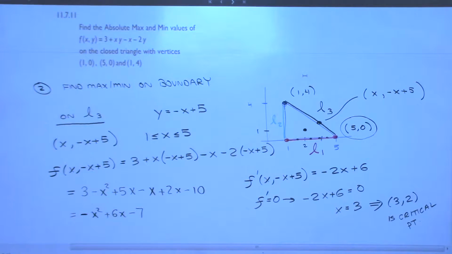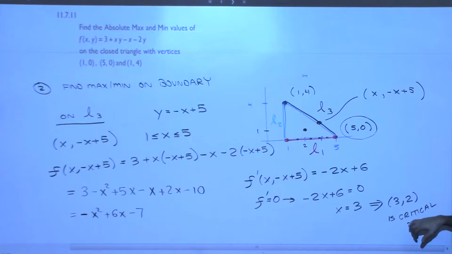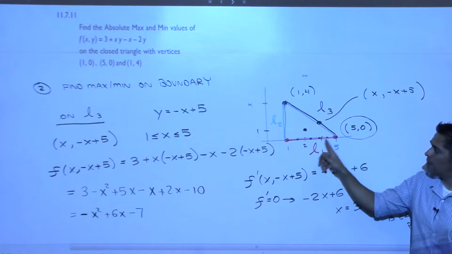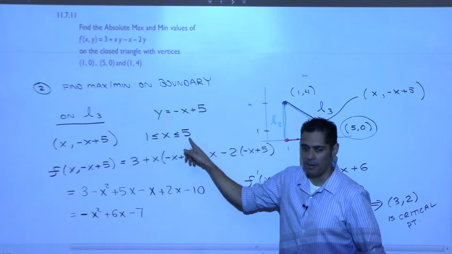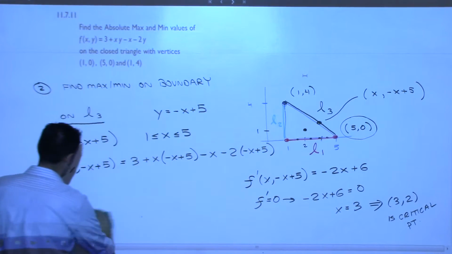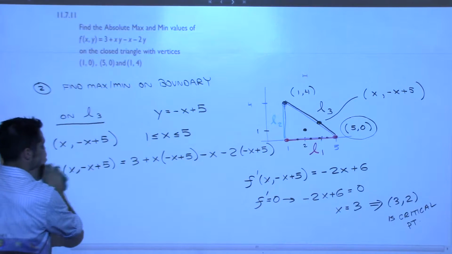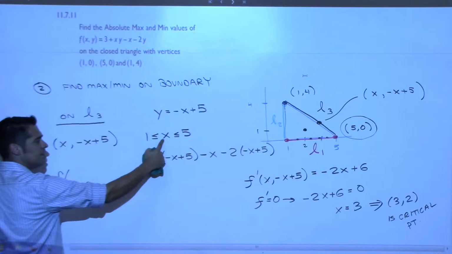What I need to do now is I need to look at this function at this point and at what? X is 1 and X is 5. See, I haven't done that part yet. So I'm going to write those out. So I'm going to look at what happens when I replace the X with 1.